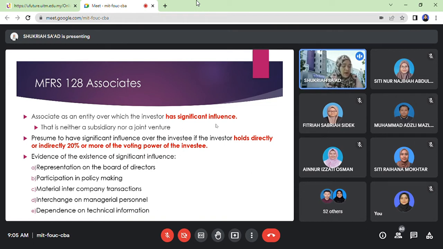Significant influence is the power to participate in the financial and operating policy decisions of the investee, which is the associate, but without control of those policies. They are only able to participate, but they don't have the element of control over the policy. That's a difference compared to a subsidiary.